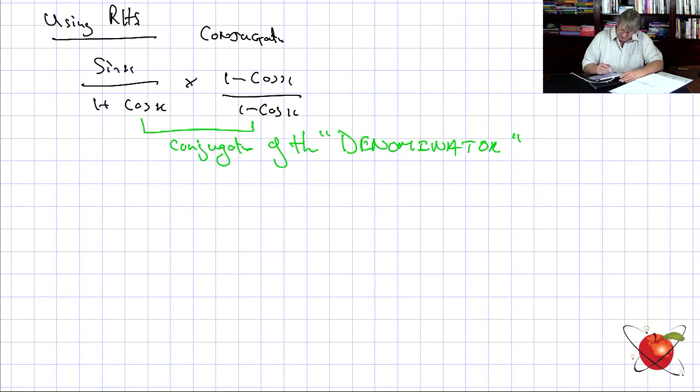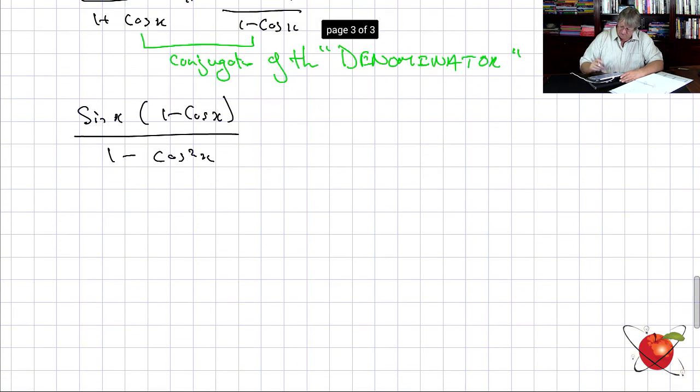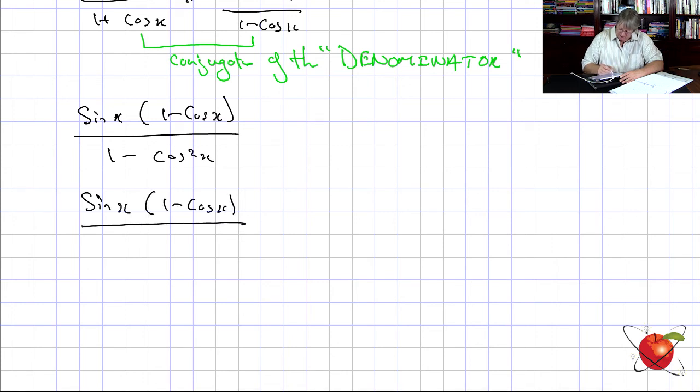So on top we're going to get sin x multiplied by 1 minus cos x. Bottom, I know that's going to be 1 minus cos squared x when I do my little working out. So 1 minus cos squared is sin squared x.